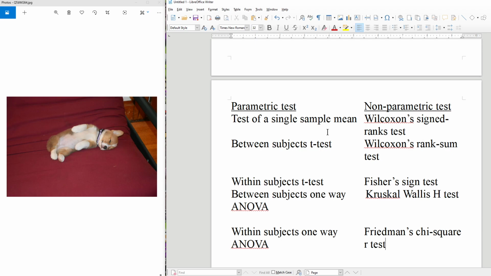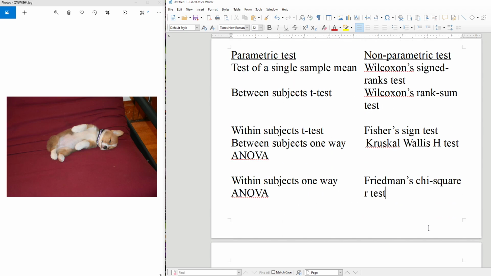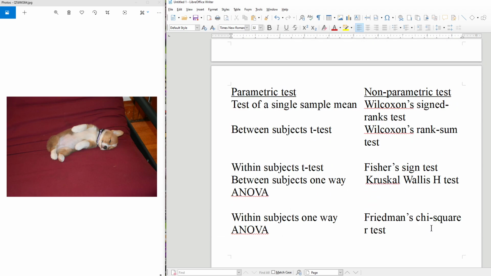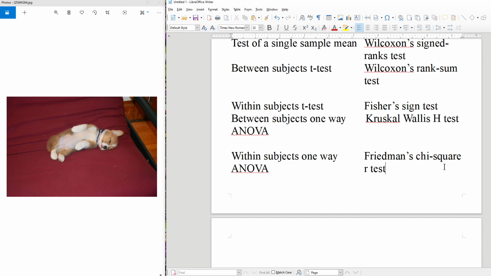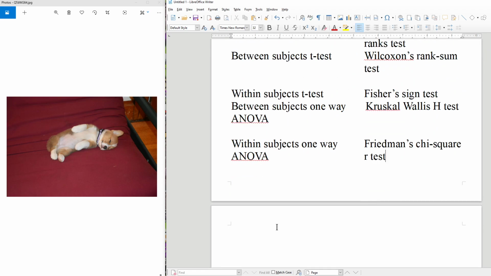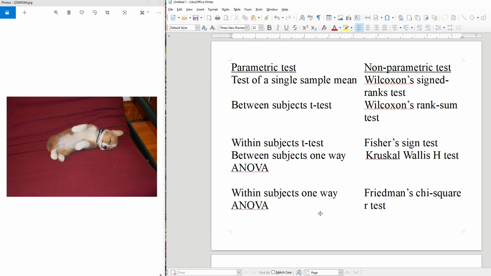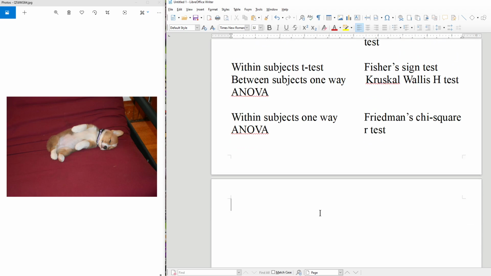Okay, so I just wanted you to know the names of the equivalent tests here and have them in your notes. If your professor that you're working for in graduate school wants you to do the Wilcoxon's rank sum test instead of the between subjects t-test, I'm going to give you a little reference of a book that can tell you how to do all these tests.